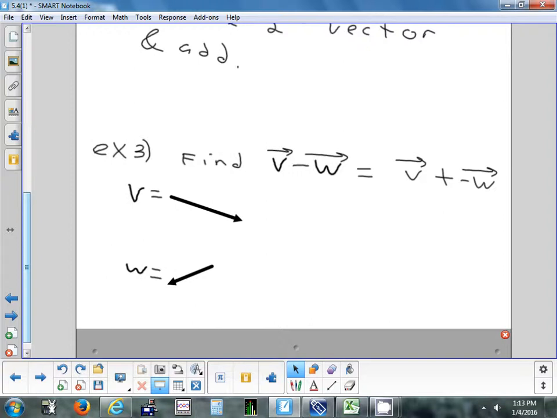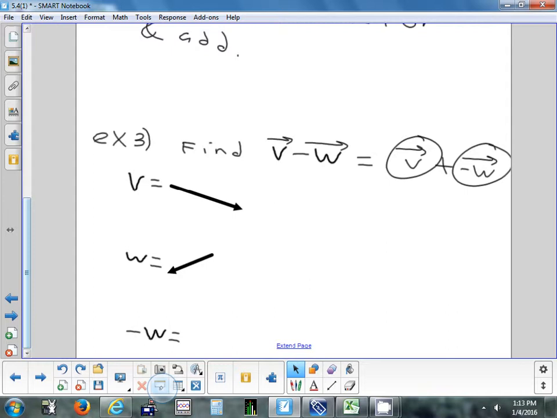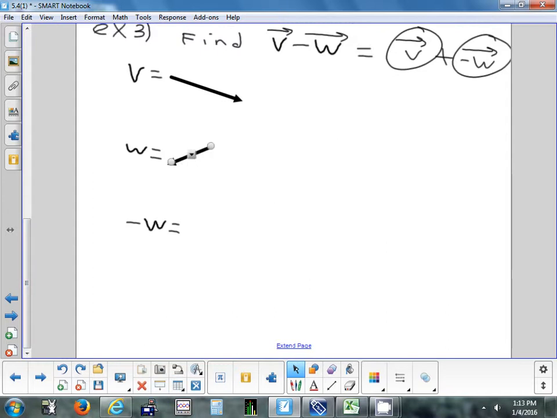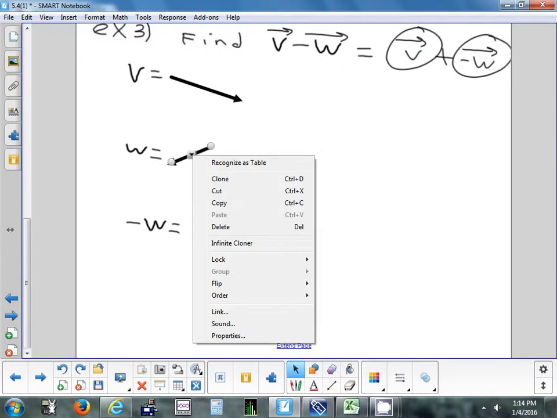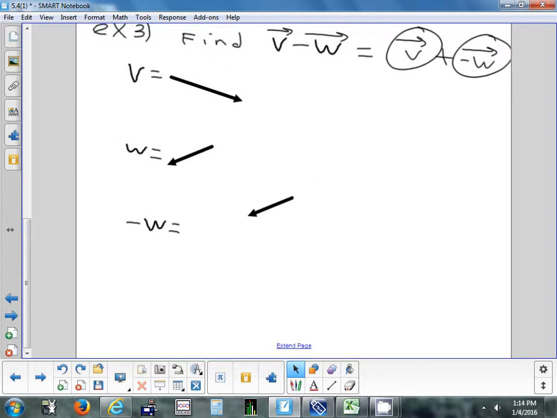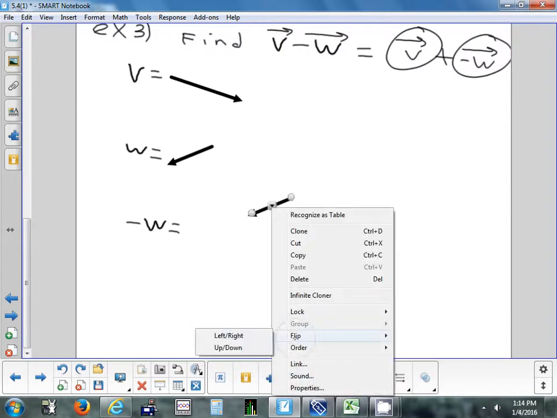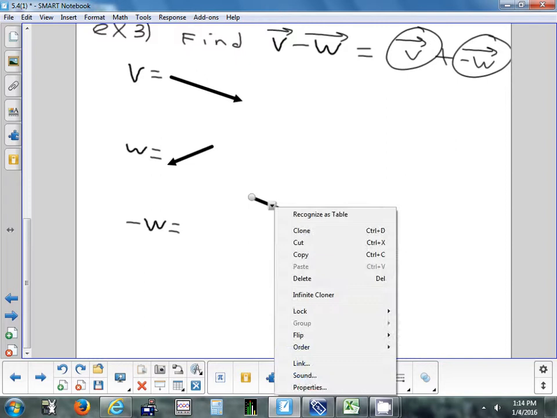So what do I got to do with W? I've got V. Now I need negative W. If you're doing it on paper, you just draw your arrow exactly the opposite direction. If I'm going to do it on here, just flip it left, right, flip up, down.